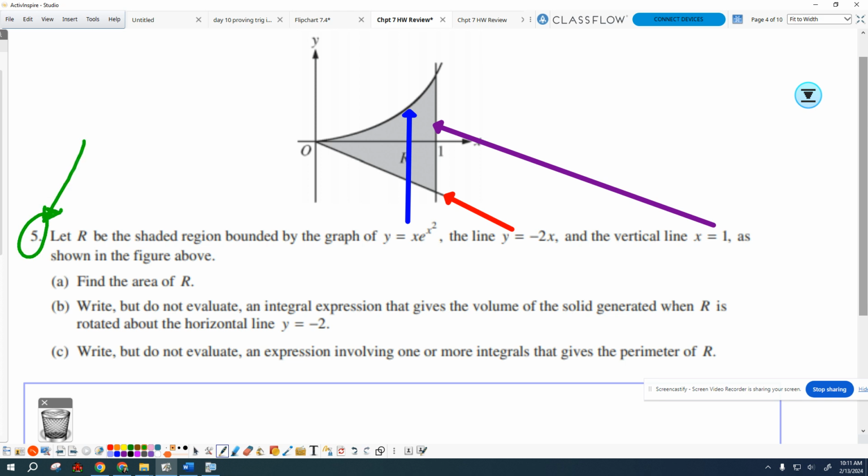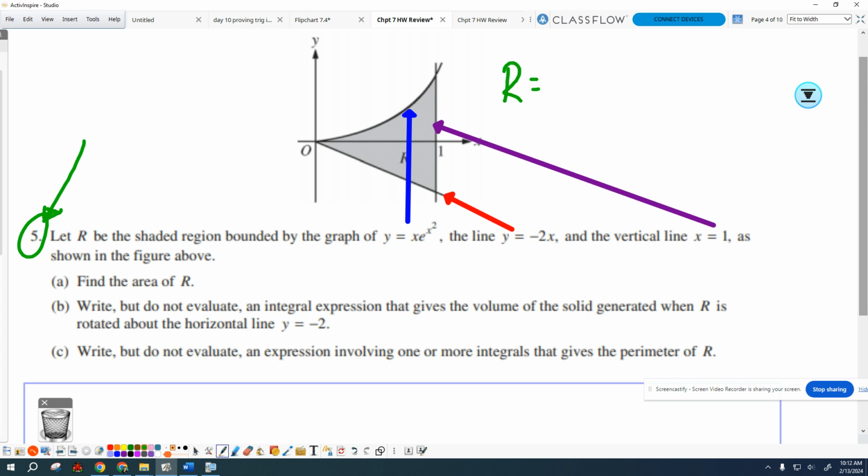Free response questions 1 and 2 are the only ones you get a calculator for. So 3, 4, and 5, no. You get a calculator on my test tomorrow though. And part A saying find the area of R means it's doable without a calculator.